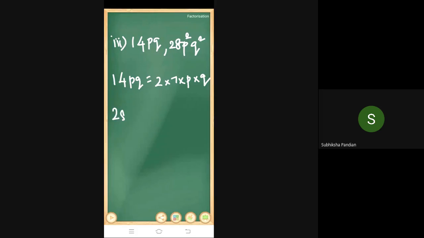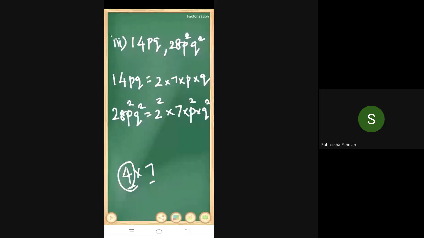Then 28p square q square, 28 means how can we write? 4 sevens are 28. 4 can be written as 2 square. 7 is a prime number. 4 is not a prime number, so we have written it in the form of prime numbers as 2 square. So 2 square into 7 into p square into q square.